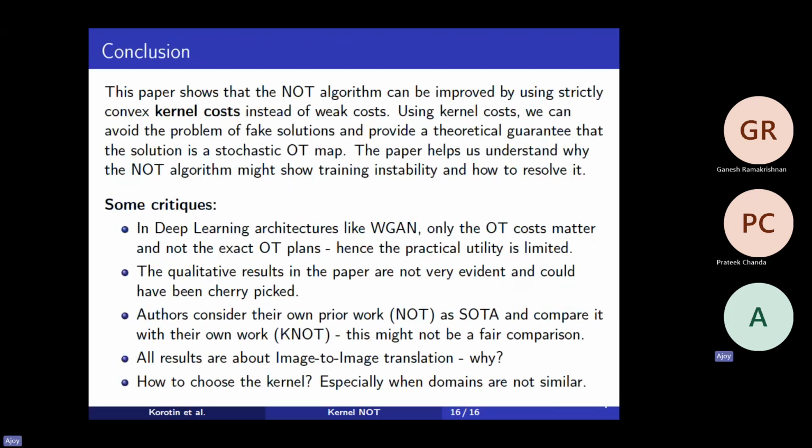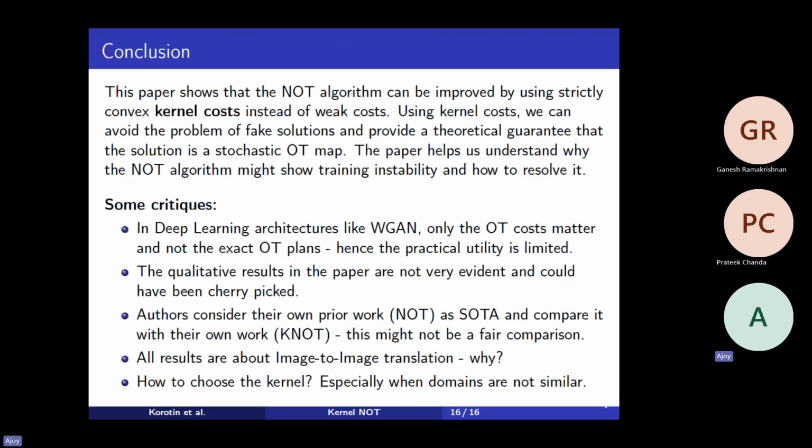Yeah, so the main conclusion is to use kernel cost, but I have some critiques about this. First of all, about the practicality of this paper, if you look at WGANs or something, the loss function is just the OT cost. So getting the exact OT plan correct doesn't matter at all in those applications.